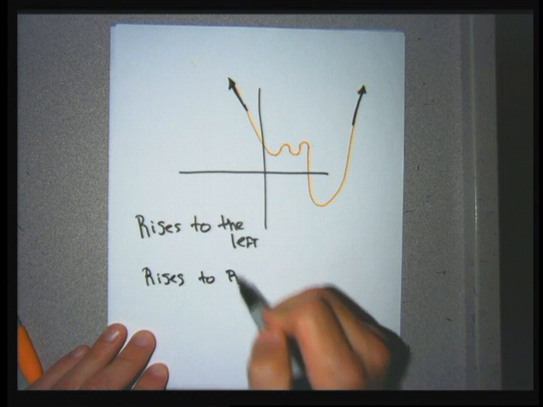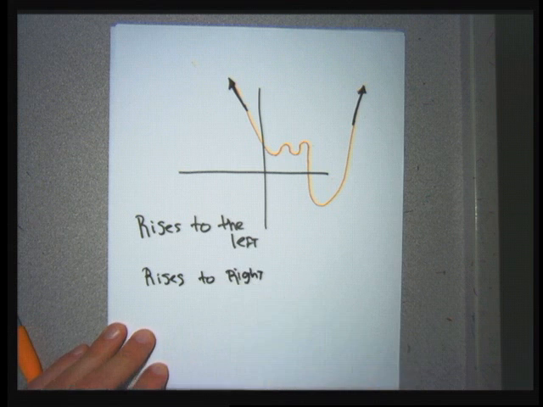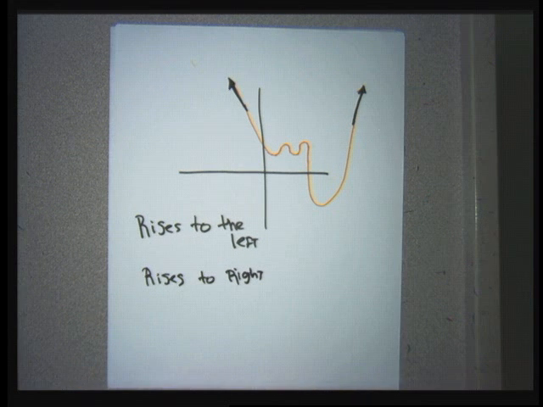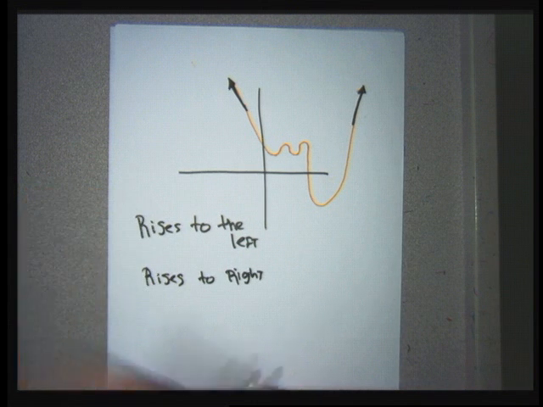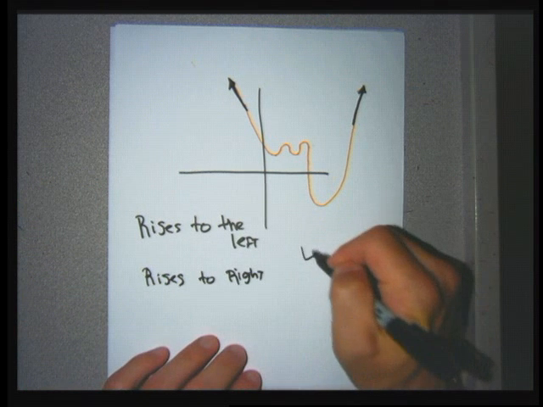So end behavior describes what the graph does at the extreme left and the extreme right edge of the graph. You do these things in calculus using something called limits. So this is preparing you for calculus.